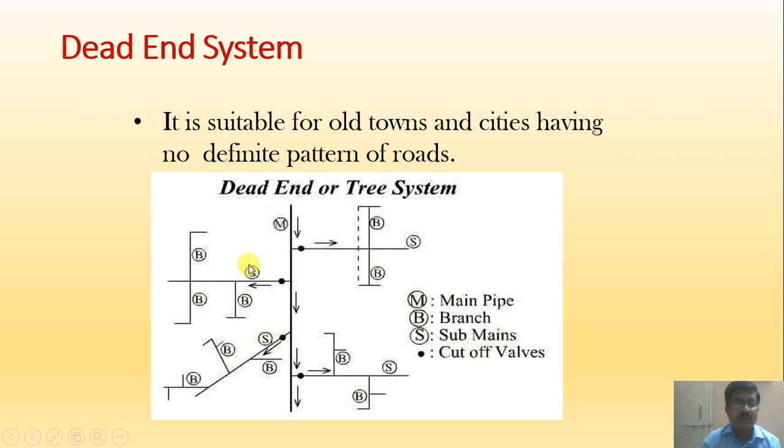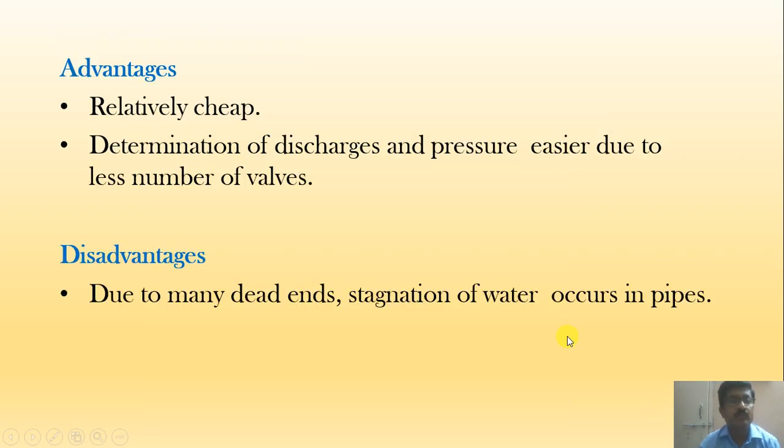So when there is no definite pattern of roads available, in that situation this dead end or tree system is used. Now what are the advantages of this dead end system or tree system? It is a relatively cheap method of distribution. Determination of the discharges and pressure is easier due to fewer valves.